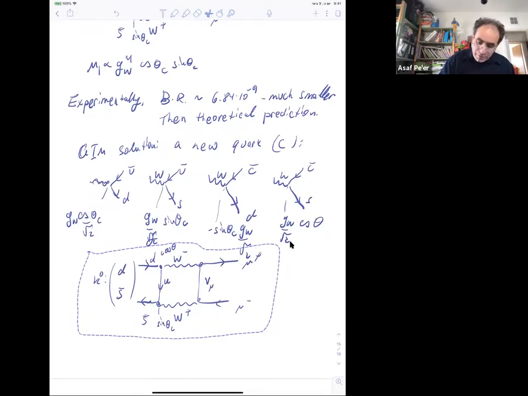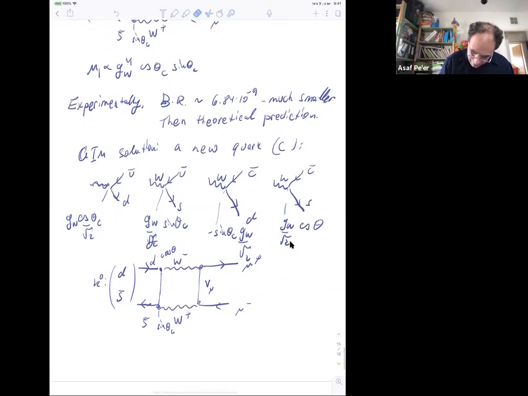But rather than up, we have here charm. Then we have here a minus sine theta Cabibbo and a cosine theta Cabibbo.